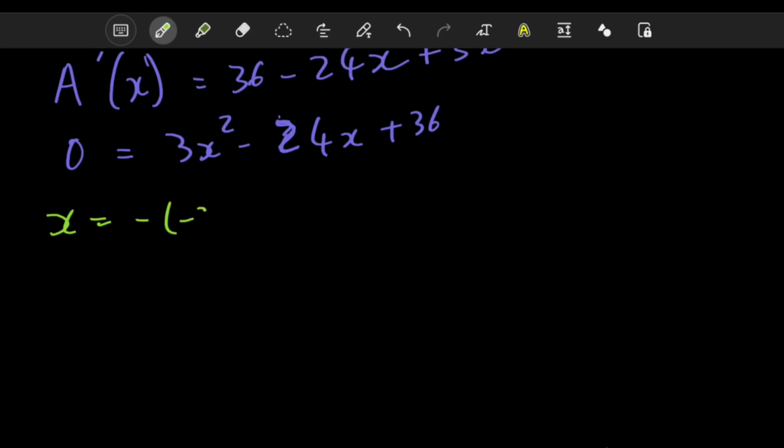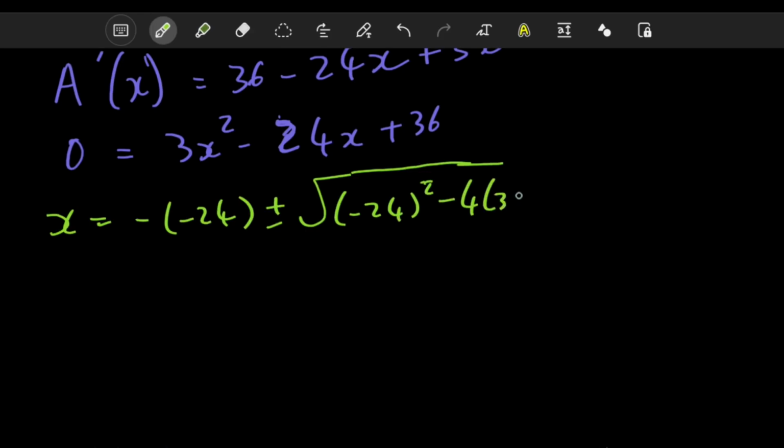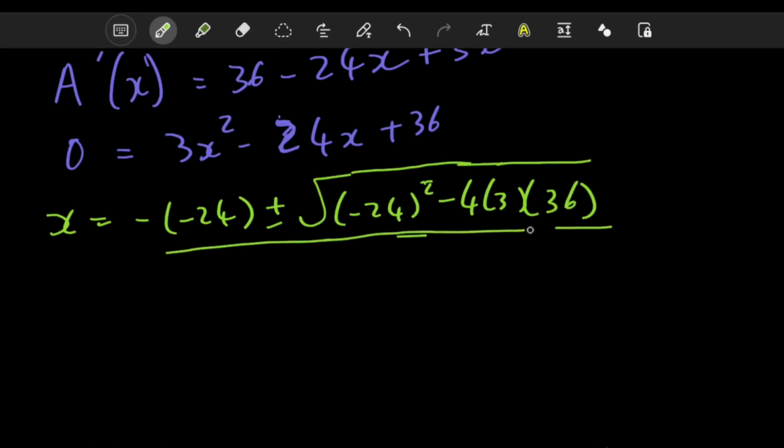Minus b plus or minus the square root of b squared minus 4ac, all over 2a. So all this, we're just going to put into our calculator and then we're going to get an x value.